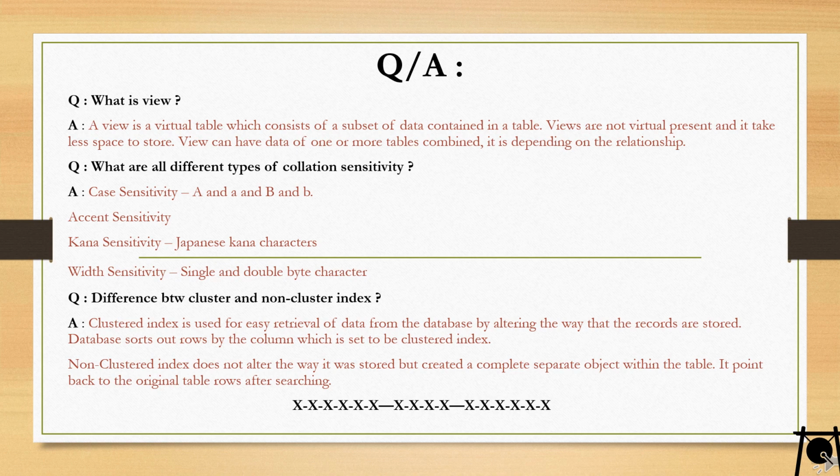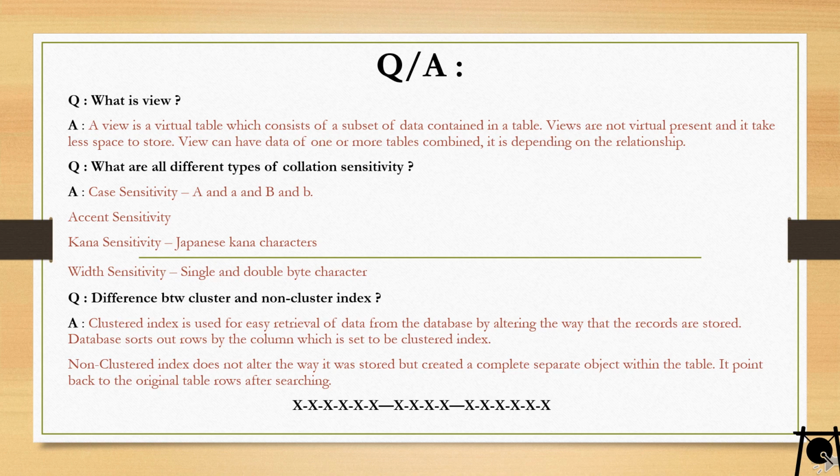Views are not virtually present and they take less space to store. A view can have data of one or more tables combined, depending on the relationship. What are all different types of collation sensitivity? There are 4 types of collation sensitivity: case sensitivity, accent sensitivity, kana sensitivity, width sensitivity.